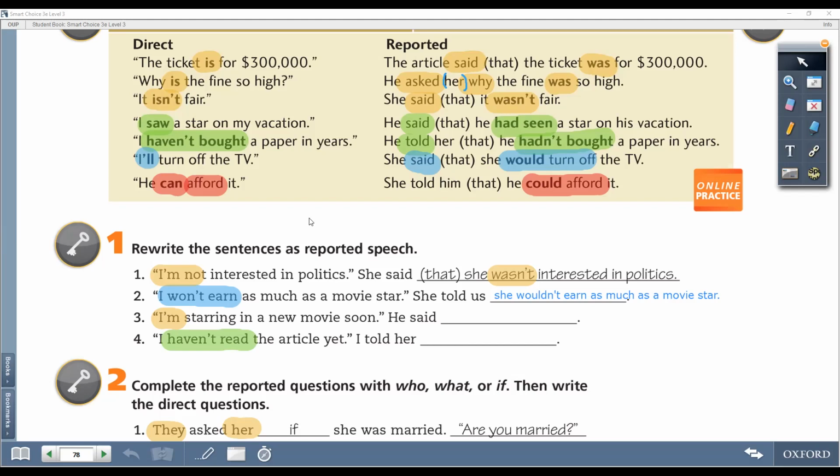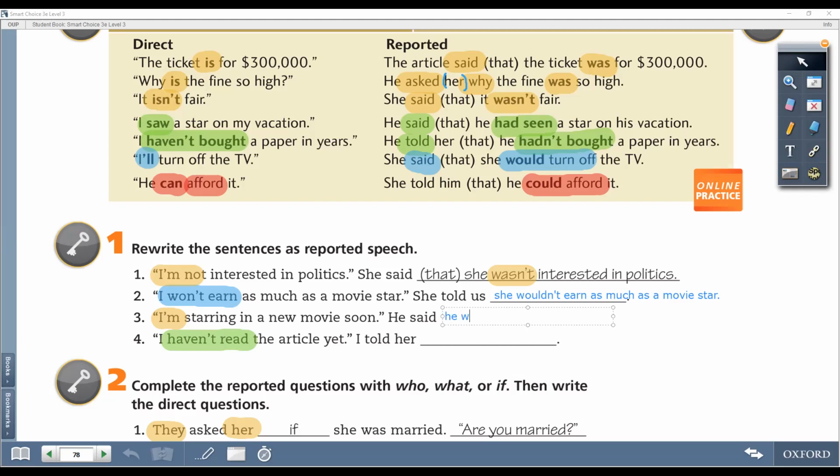So let's check the third one together. How can we make the third one? Look, here: I'm starring in a new movie soon. Present continuous. It's present. So how do we change that? He said, he, present becomes simple past.